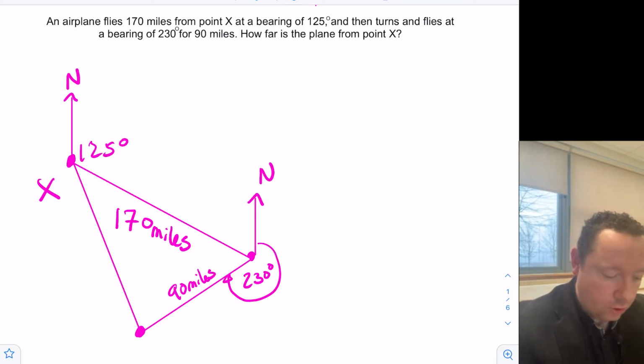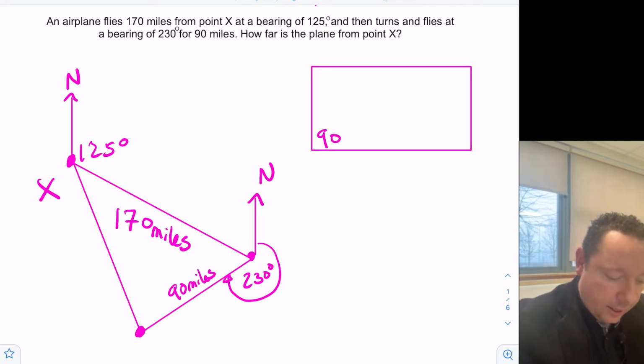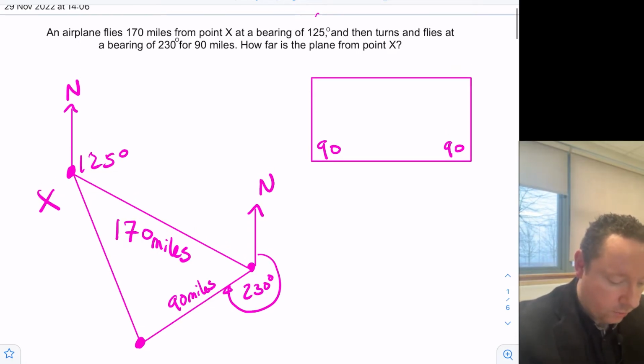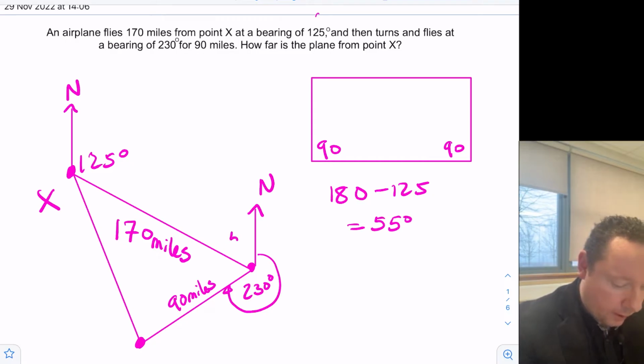Let's just take a rectangle: we know that this is 90 and that's 90, and the two add up to 180. That always happens as long as these two lines are parallel, which north lines are. So I can do 180 minus 125 to get an answer of 55, and I can mark that here.